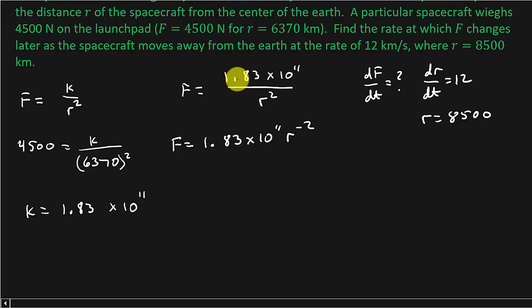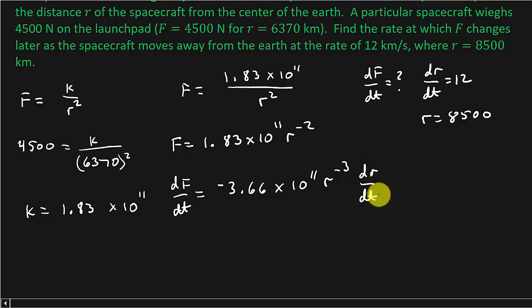Okay, so we got all that written down right now. All right, so let's take the derivative using the power rule. So we get dF/dt is equal to negative 2 times 1.83, that's going to give us negative 3.66 times 10 to the 11th times r to the negative 3, subtract 1, and then don't forget times dr/dt.